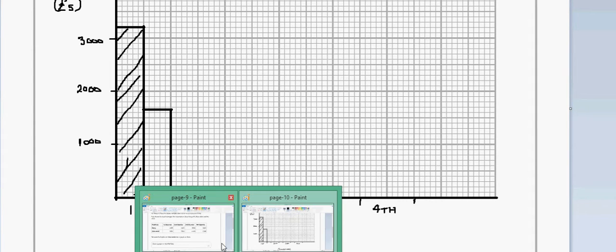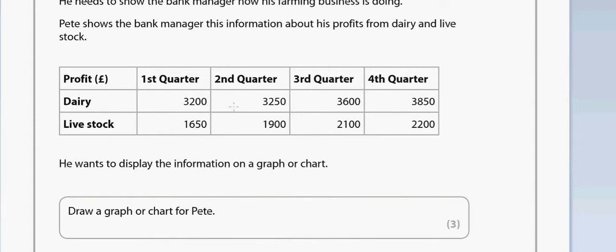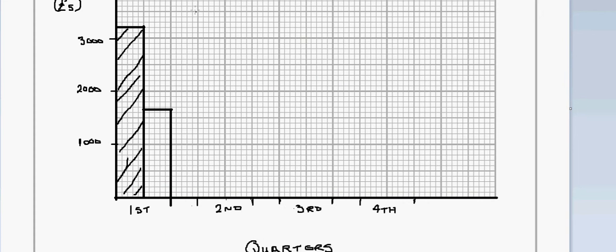So if we go here, dairy for the second quarter 3,250, I now go to the second quarter and I go up to 3,200, and that will be 3,250, and I just need to extend this a little bit.